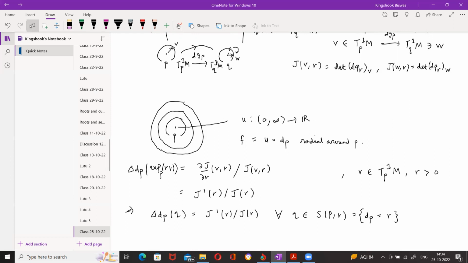So if on this level set the Laplacian is equal to J'/J, then in general I can write the Laplacian as J'/J composed with the distance function.